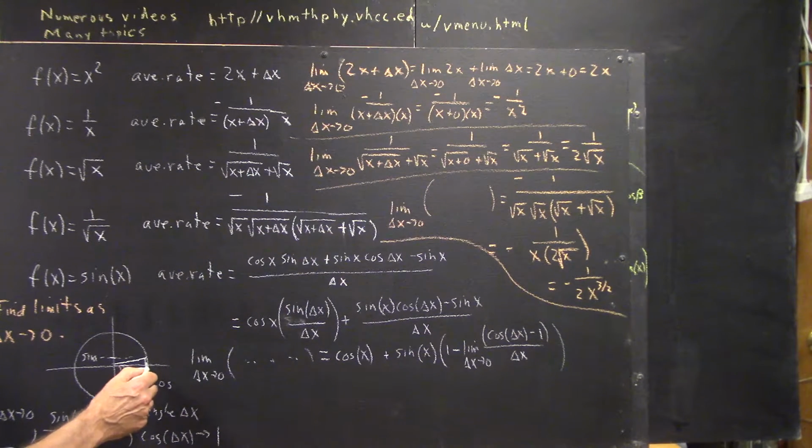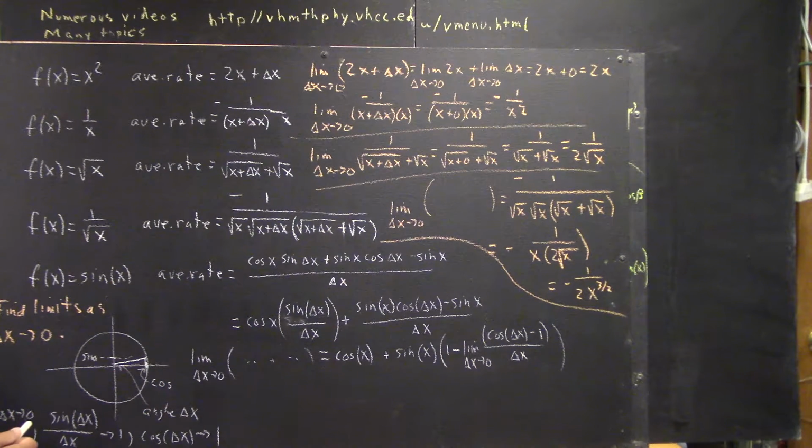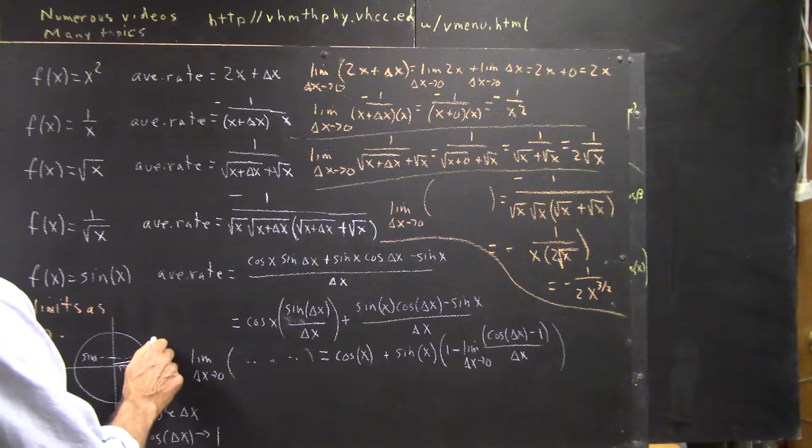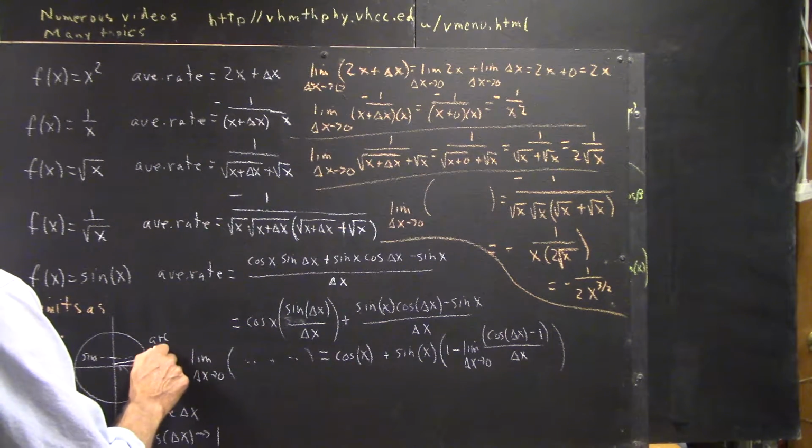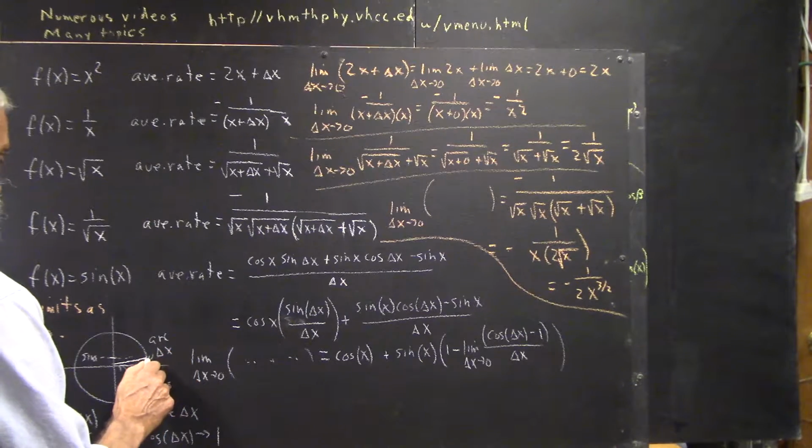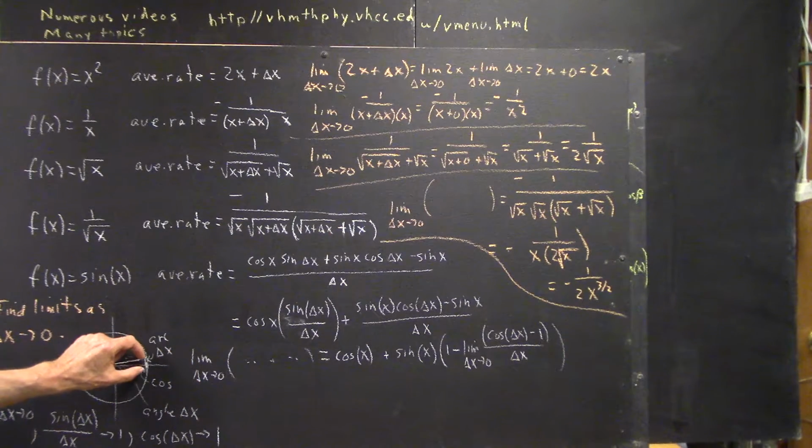So here's your cosine of x minus 1. It's really small. Whereas delta x, I mentioned before that the arc delta x is right here.